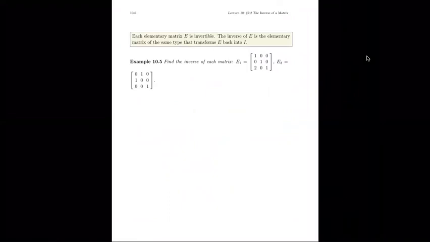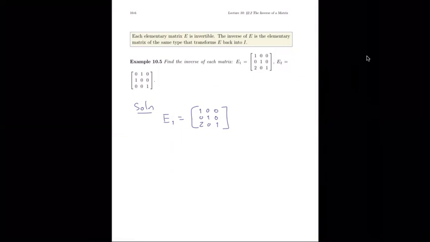Okay, so it's pretty easy to see how that might be the case, right? All you have to do is recognize what type of row operation an elementary matrix does. And in this case, 1, 0, 0 for E1. Right, this is multiply row 1 by 2 and add that result to row 3.